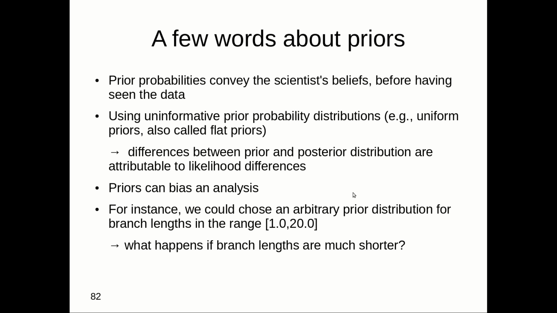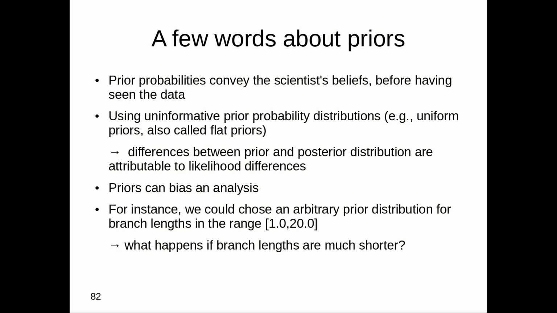Okay, so now maybe it's a good time to have a few words about priors. As I said before, the prior probabilities convey the scientist's beliefs about the data before actually having seen it. One thing we can do if we don't really know what the prior probability of a parameter is, is to use so-called uninformative priors, like the uniform priors that we've seen for the trees, where we say that every tree topology is equally likely a priori.